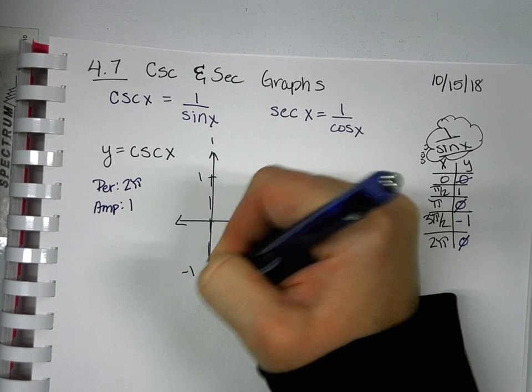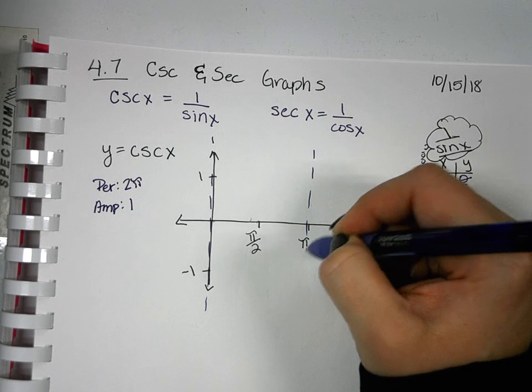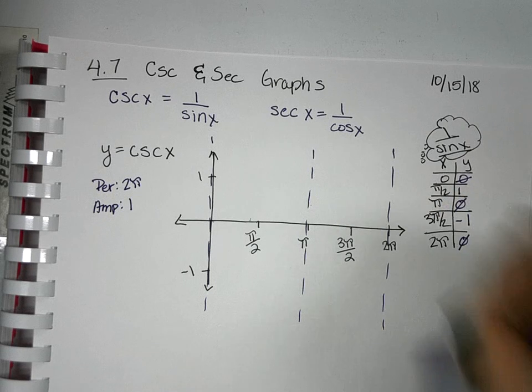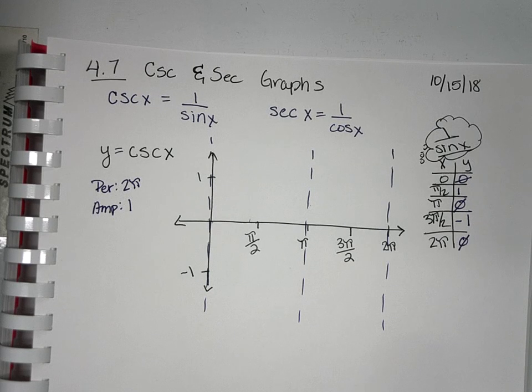So I'm going to have an asymptote at 0, an asymptote at pi, and an asymptote at 2 pi. So our cosecant, because we're dealing with reciprocals, will have an asymptote at every single one of the points where sine was 0.